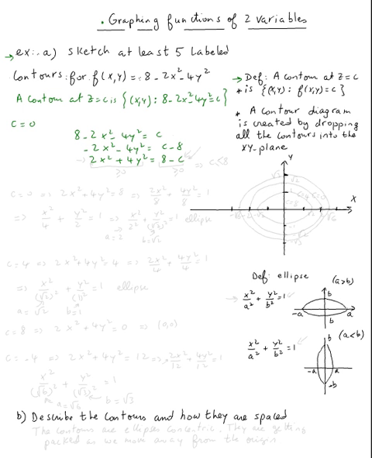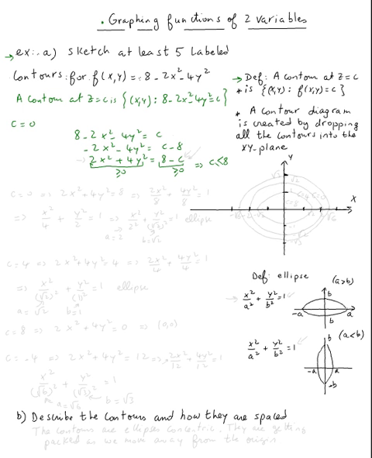Since this is positive, we know that 8 minus c has to be bigger than or equal to 0, which means c has to be smaller than or equal to 8. So this way we know what to pick for c. We're going to pick c equals 0, 4, 8, and then negative 4, maybe negative 8. Negative 4 would be fine.